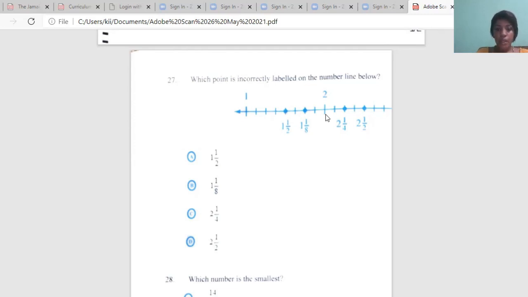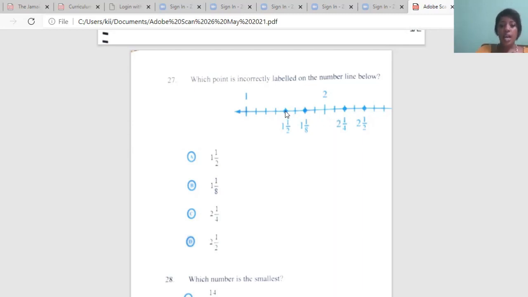Sorry, 9. So there is a longer piece here that represents the whole, and the shorter pieces represent the fraction. So there's 1 short piece, 2 short pieces, 3 short pieces. And there's 1 short piece, 2 short pieces, 3 short pieces. So this is midway between. So 1.5 is okay. 1 and 1/8. Sorry, 1 and, yes, 1/8.